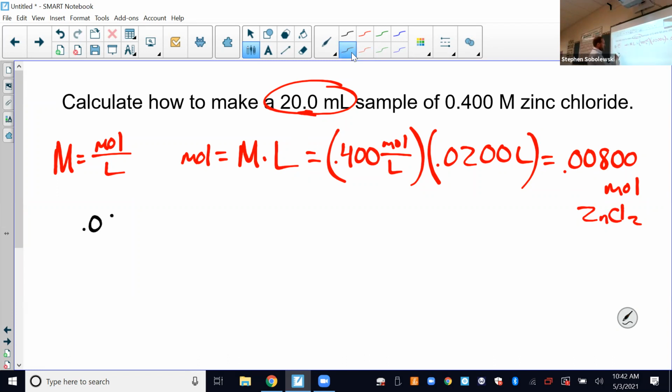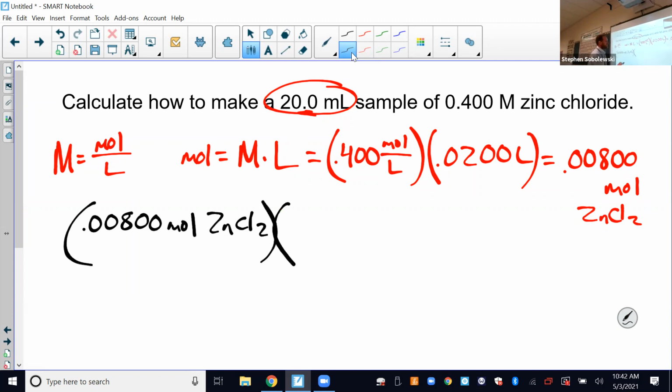So 0.00800 moles of ZnCl2. Zinc chloride: 65.39 is zinc, plus 2 times 35.45 gives me 136.28 grams per mole.